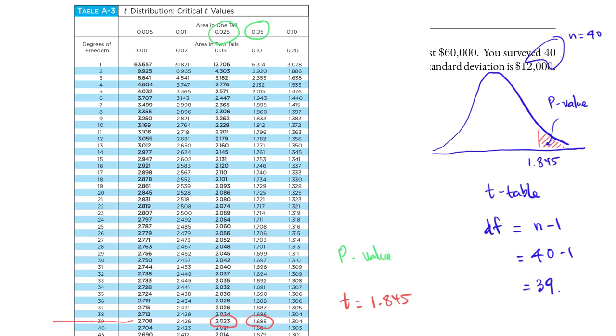The p-value that we found earlier using technology was 0.0363, and that value is the exact p-value for the test statistic t equals 1.845 with 39 degrees of freedom, and that value is between 0.025 and 0.05.